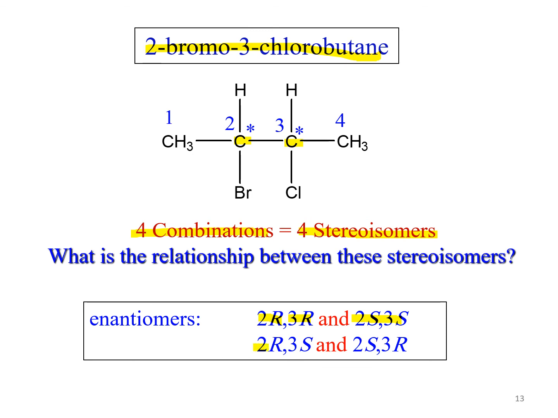Then we can have R configuration on the second carbon but S on the third one. So 2R and 3S is the third possibility, and 2S and 3R is the fourth possibility. So there are 4 combinations basically, depending upon both the carbons in this scenario. Therefore, 4 stereoisomers will be the result.